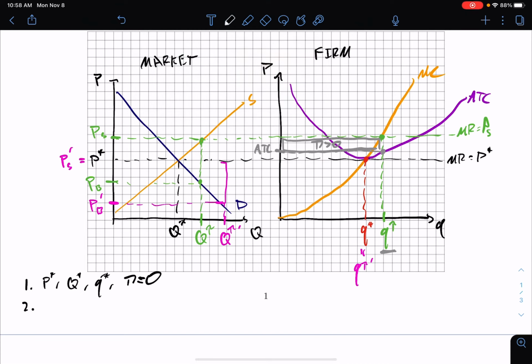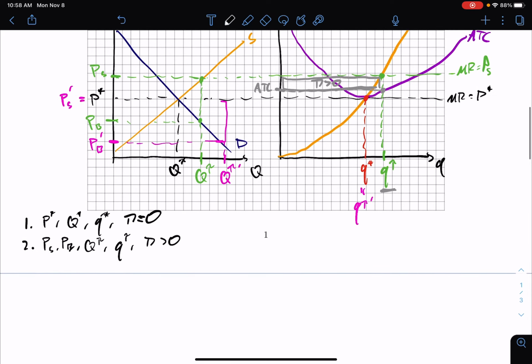Our second is PS, PB. We had Q tau. We had little q tau, and we had profit greater than 0. And this leads to firm entry.